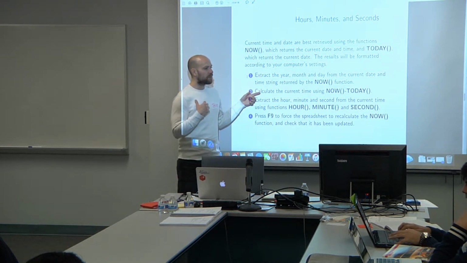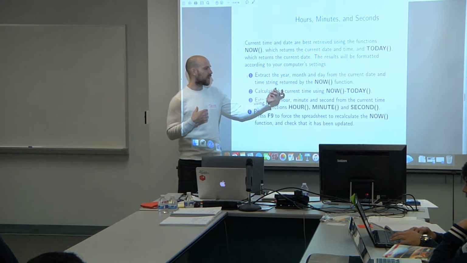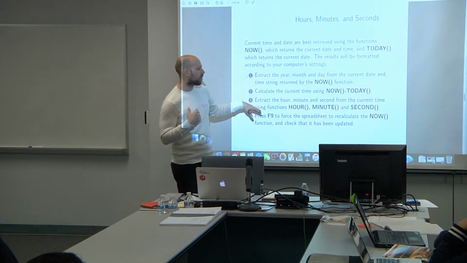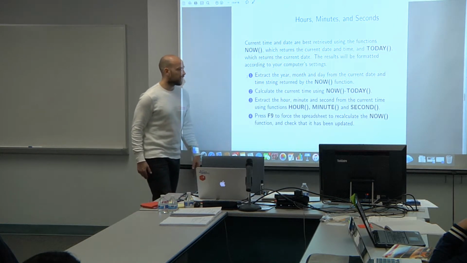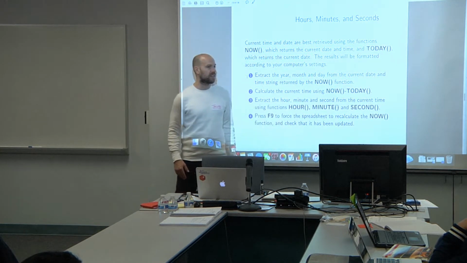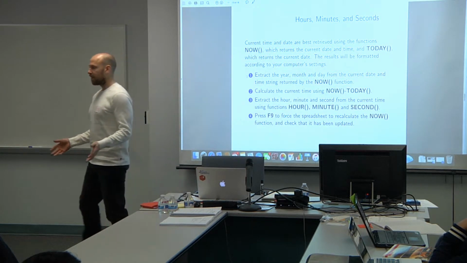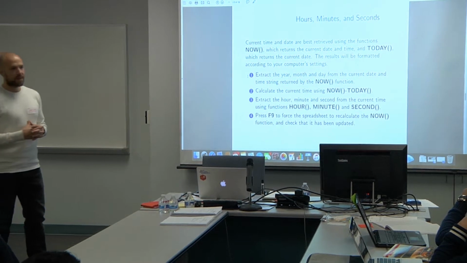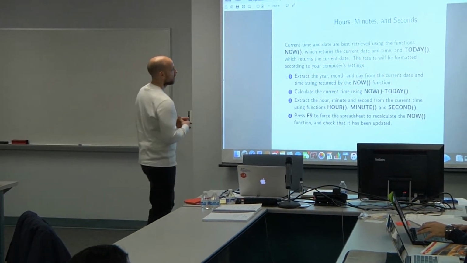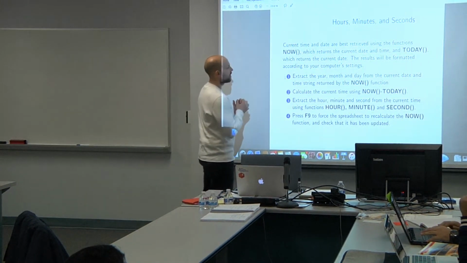The current time can be found by subtracting now and today. And then from that, we can pull the hour, the minute, and the second of the present time using the hour, minute, and second functions, just like the month, day, and year functions. So go ahead and try, generate that new column for now.